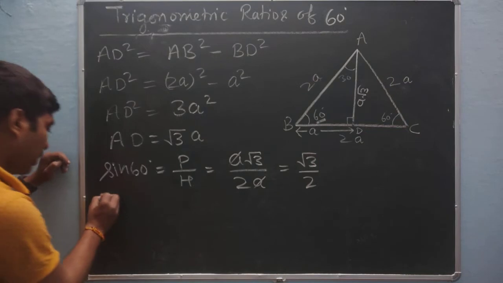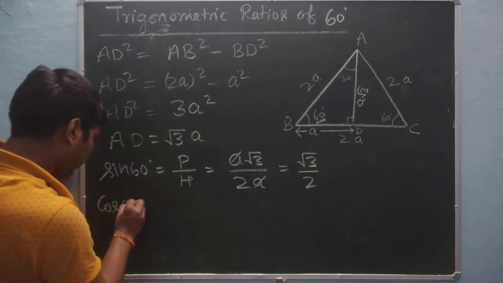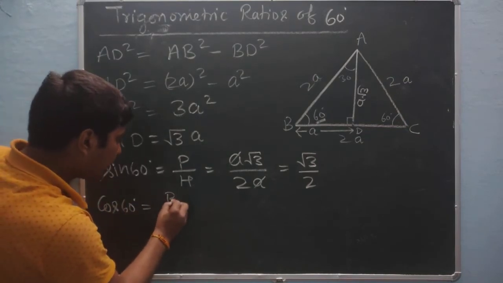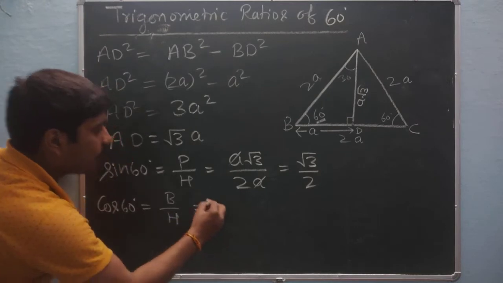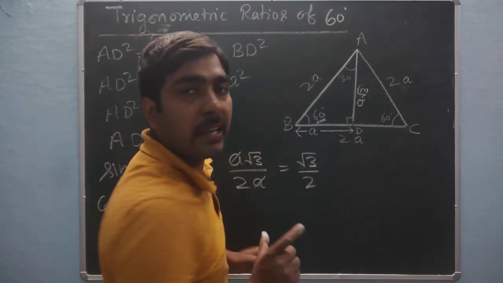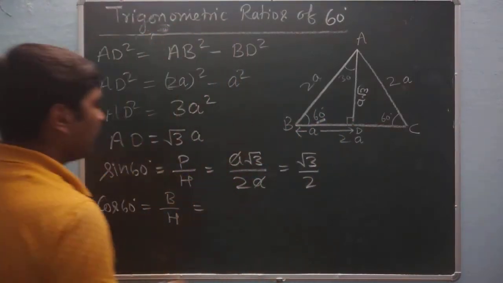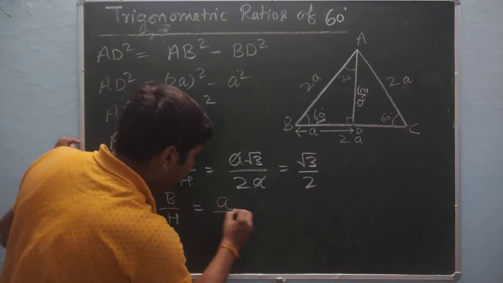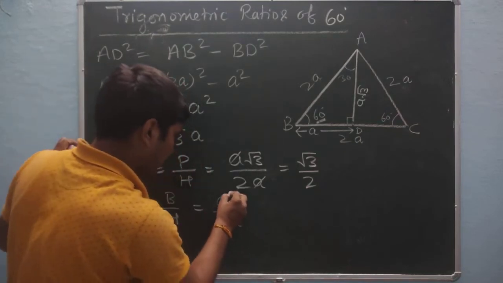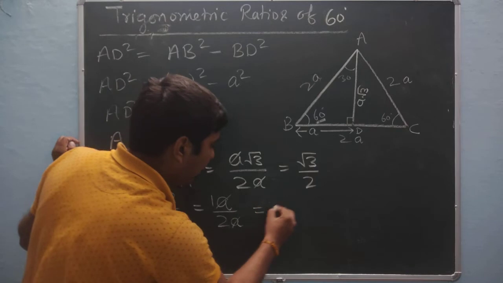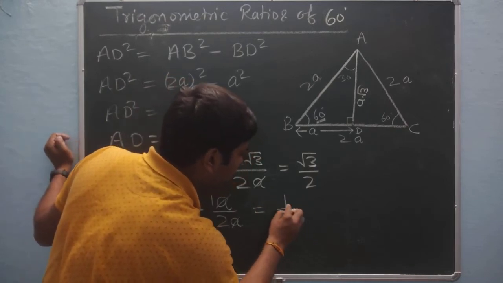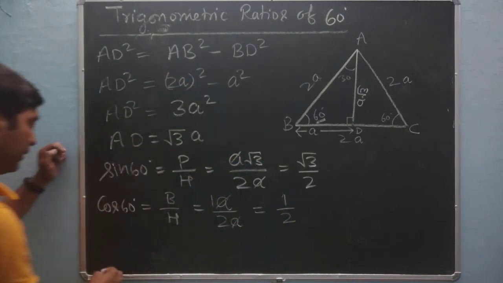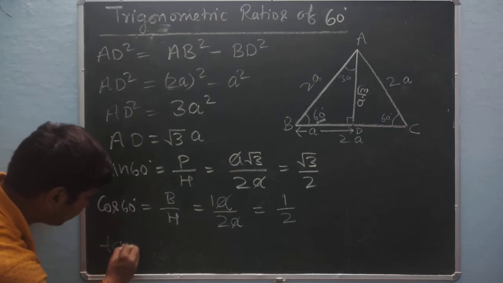Okay, cos 60 is base upon hypotenuse. The base for this triangle is a, so a by 2a, which will become 1 by 2.